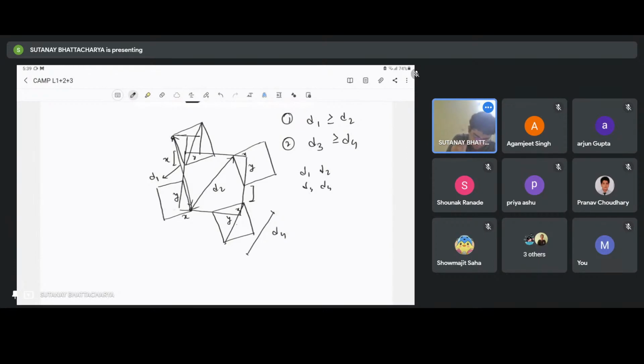To shove you on the right path, to calculate D1, you need to figure out the horizontal displacement between these 2 points, which is this plus this, and the vertical displacement between these 2 points, which is just this length.